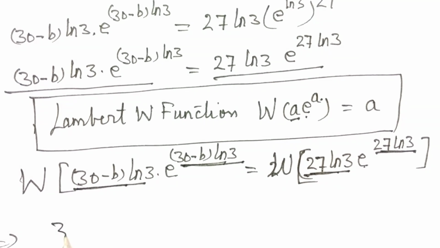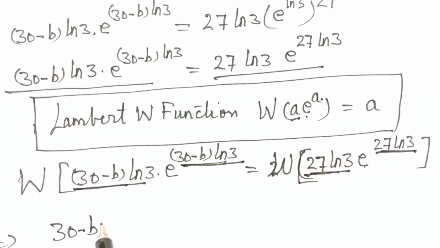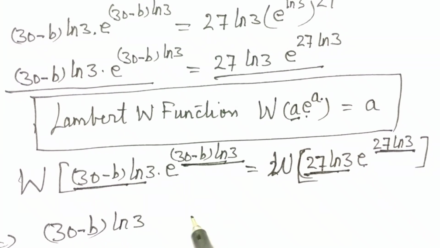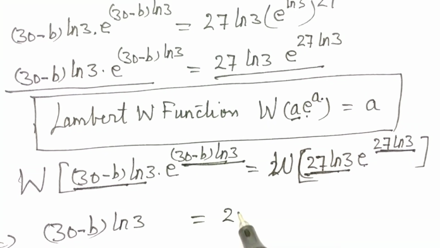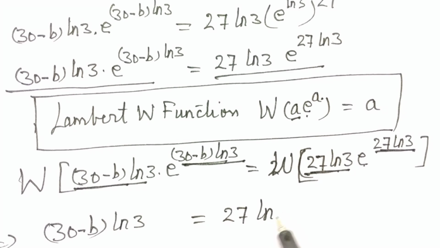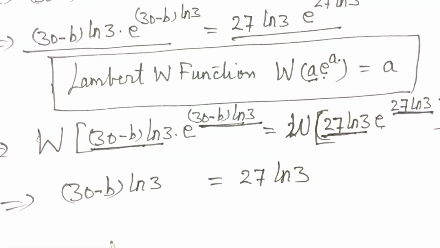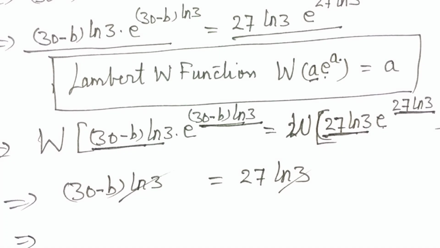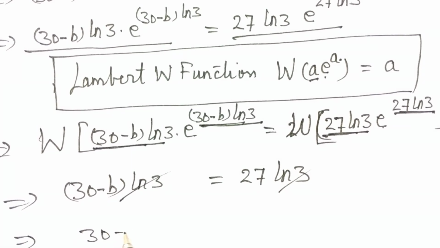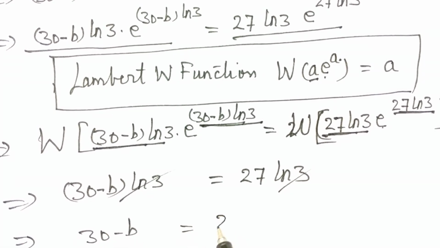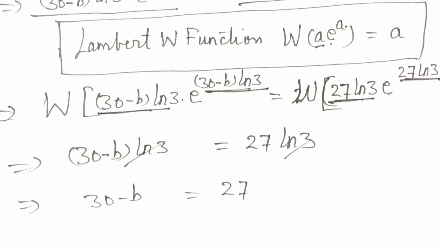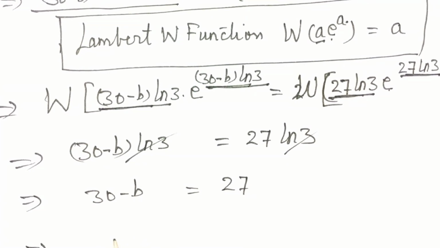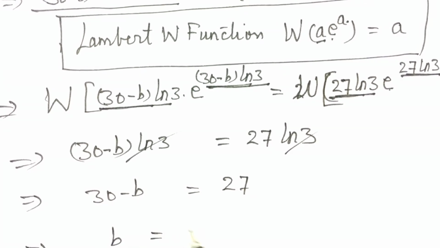So (30 minus b) ln 3 is equal to 27 ln 3. Right? Now this and this get cancelled out. So 30 minus b is equal to 27. Fine. So b is equal to 3.